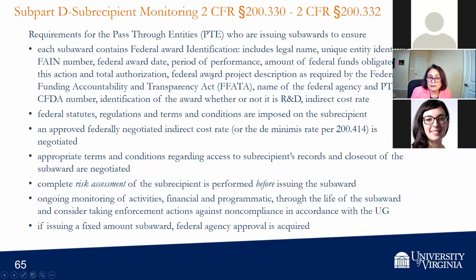We in fact give them a specific period of performance budget. We flow down our CFDA number. We tell them, if we are an NIH grant, you have to follow NIH salary requirements. And then we also complete a risk assessment of the subrecipient before the subaward is issued. We have to do that.